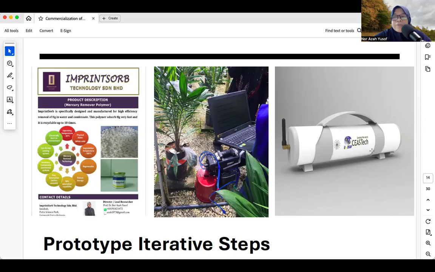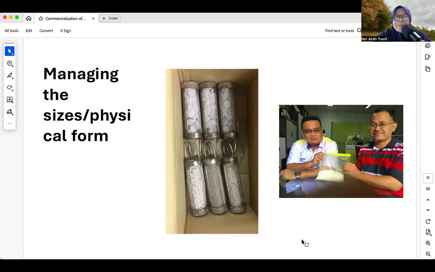But we came up with a new one where you can use portable devices like an iPad, tablet, or phones to process the data, and it has auto samplers. This one is manual sampling, and these are auto. So we improved our product or our design.